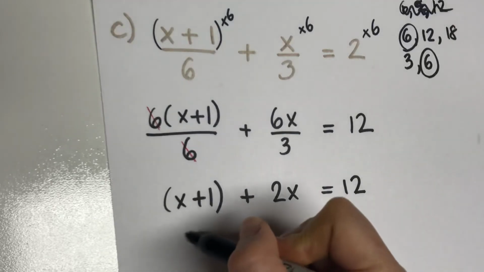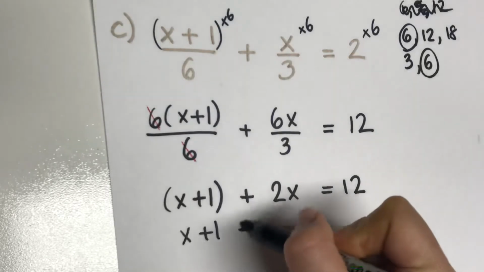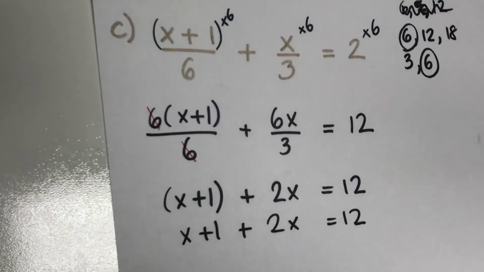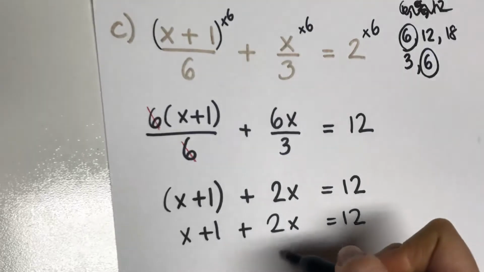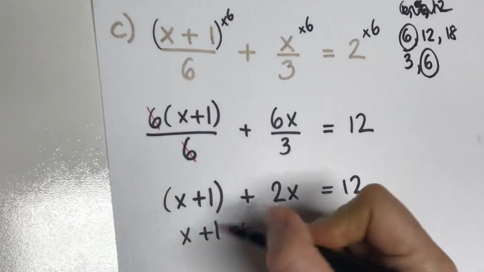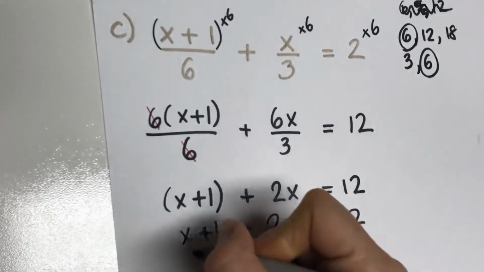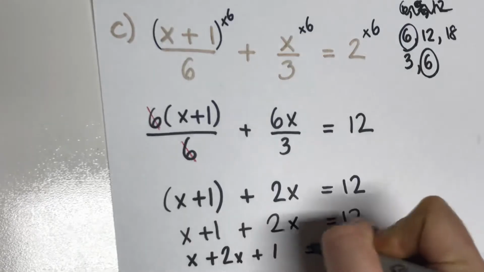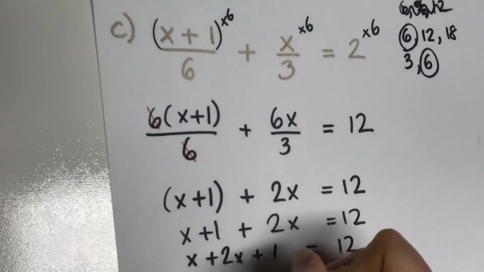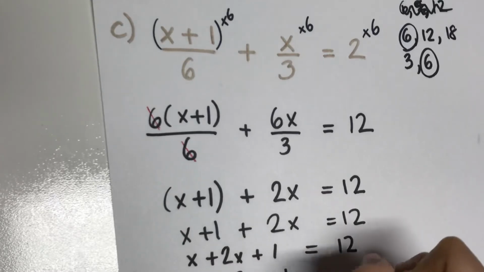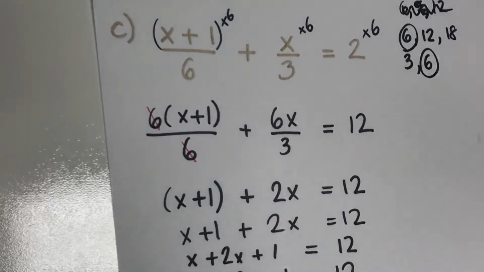I can just get rid of the brackets and collect the like terms. I'll put the like terms together first. So that gives me 3x plus 1 is equal to 12.